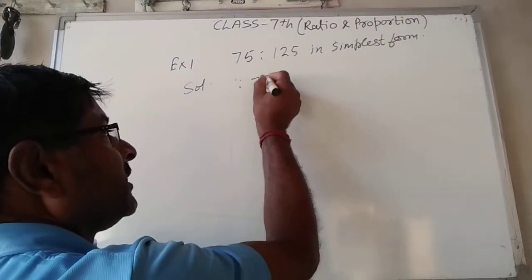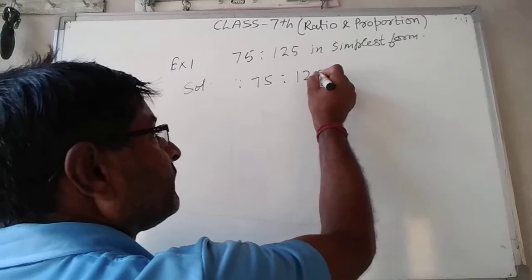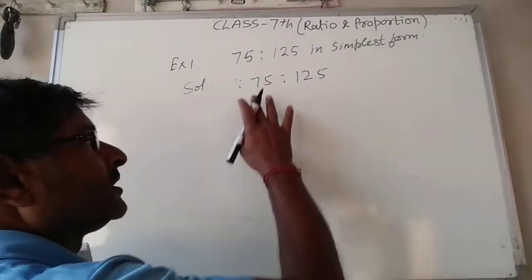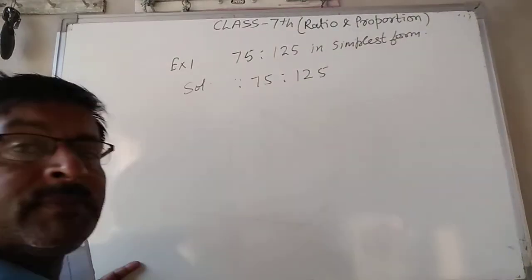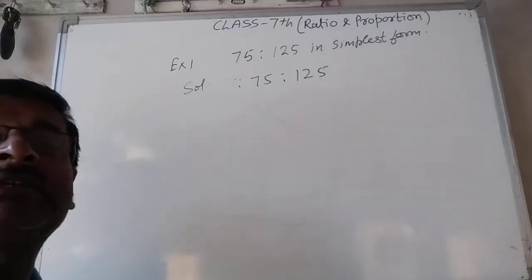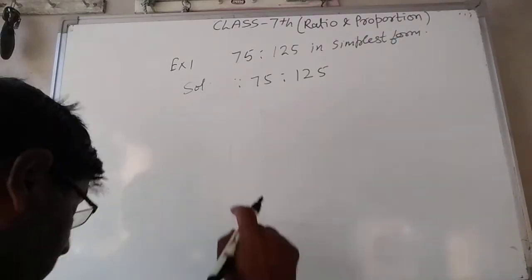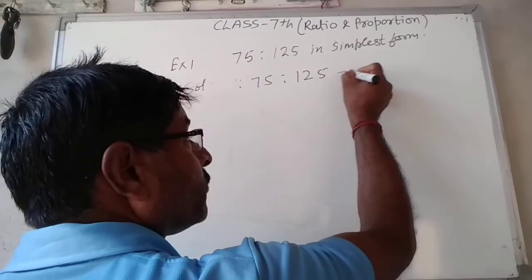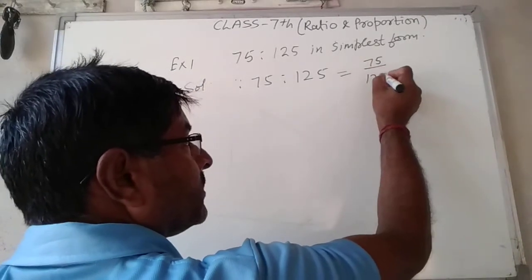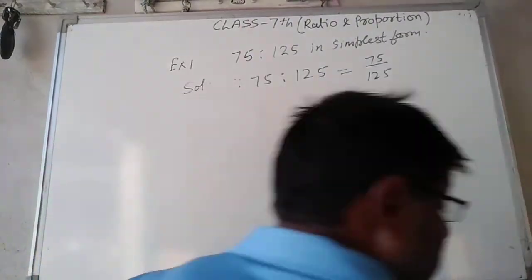Since 75:125, both the terms can be cancelled by 25, so you can cancel them directly without any explanation, or you can express it in fraction form and then cancel. Means the same thing. So no need to express it in the fraction form.